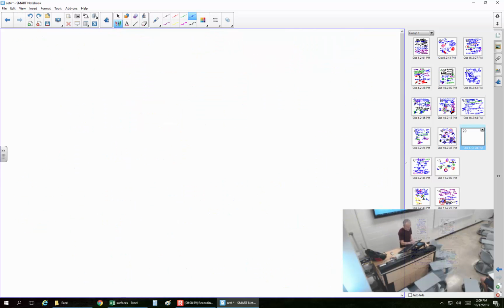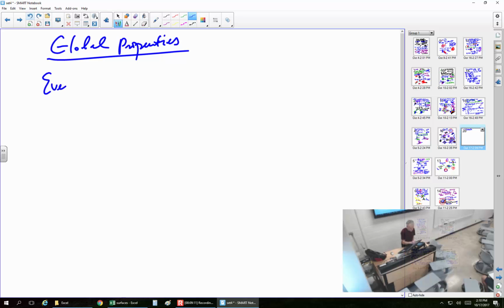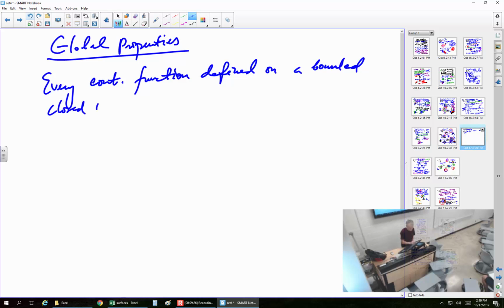Global properties meaning such as, well, every continuous function defined on a bounded closed set is bounded. So that is a very important rule.